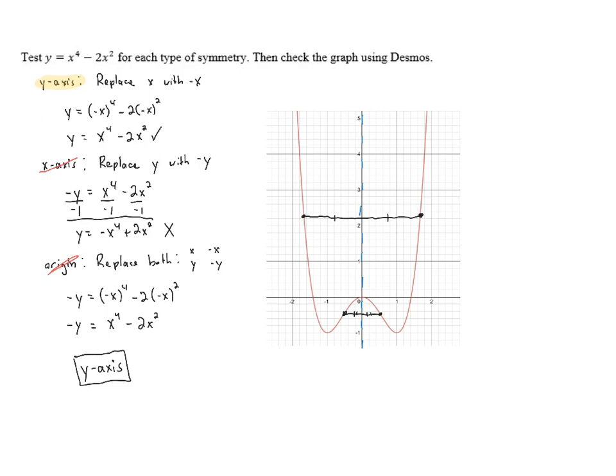This cuts down on the work that we need to do in our table of values, because each point that we get on the graph on the right-hand side will also give us a corresponding point on the left-hand side.